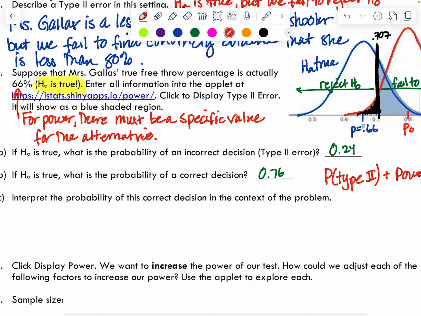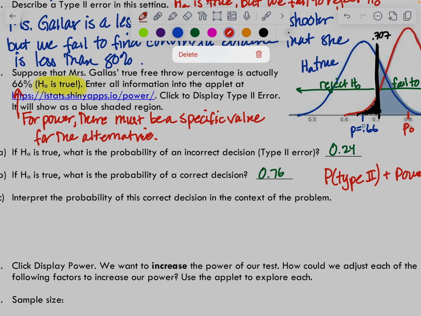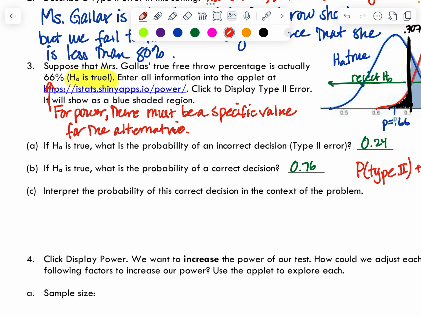All right, let's interpret. This is a sentence frame that you're going to need to know, and we'll put it in our notes too. But here's the idea of the power. If, and it's always if the alternate is true, okay? And a very specific alternate is true. So we'll say this.